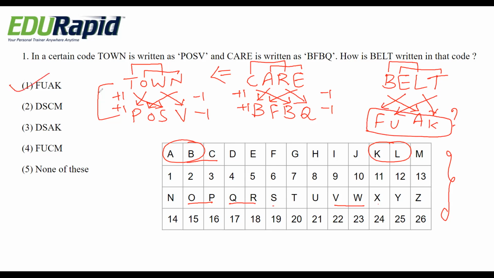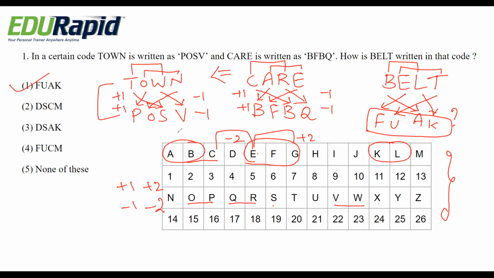That is option 1. Like this, you have to see the table and compare in what way it is going on. Sometimes in some problems it may give a gap, for example relating E and G, plus 2, or minus 2, E and C. You have to see the pattern: increasing by 1, decreasing by 1, increasing by 2 or decreasing by 2.